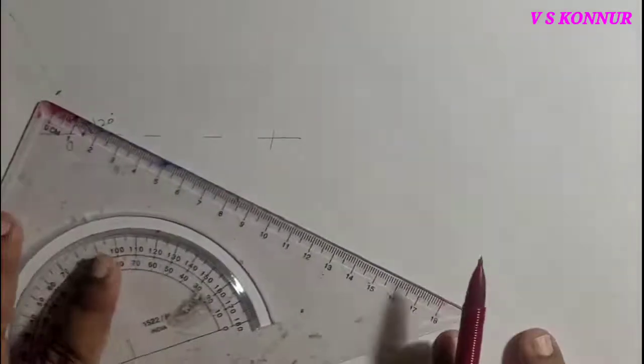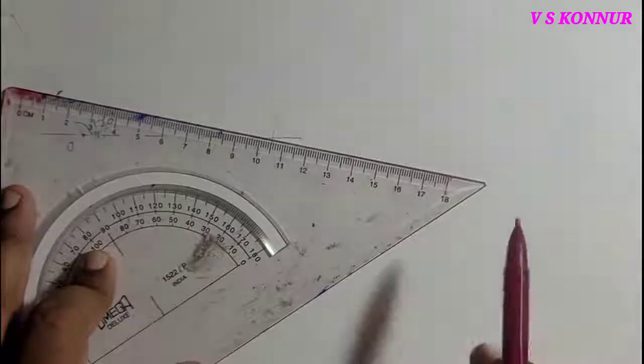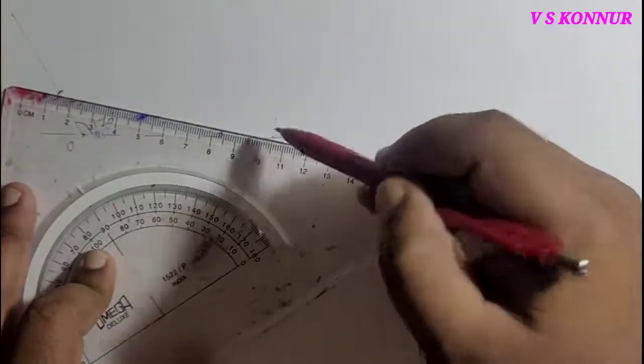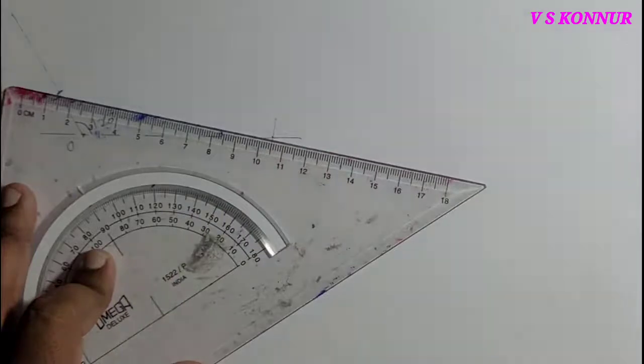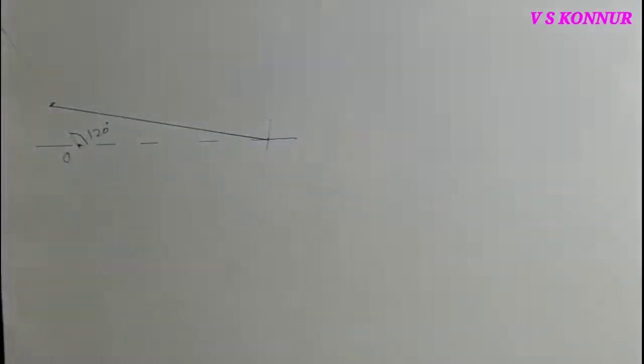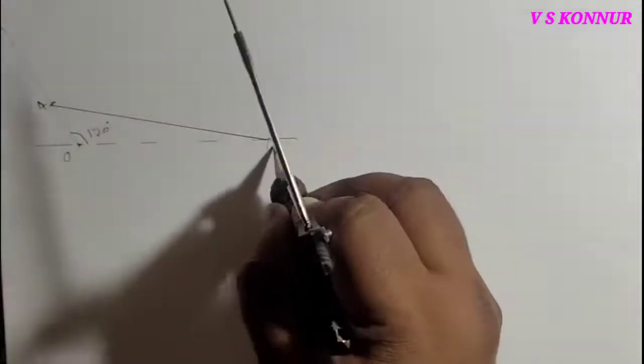Now wherever it intersects, just join these 2 points. The intersection point is B. So this is O, this is A, this is B.